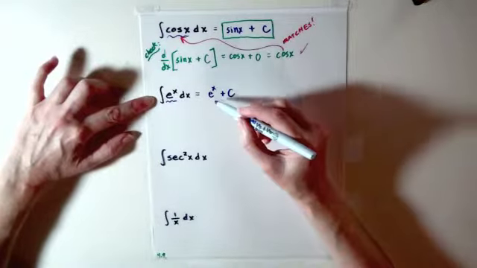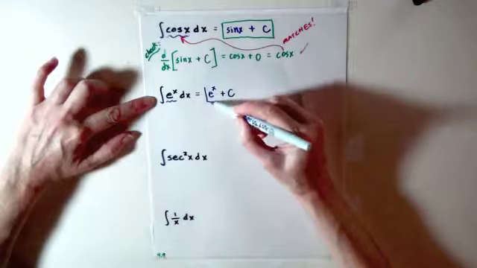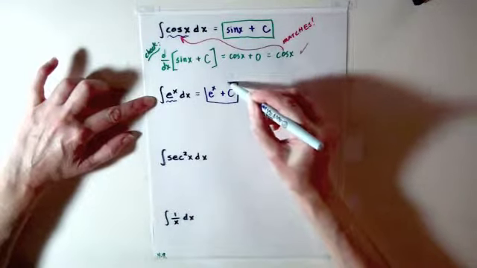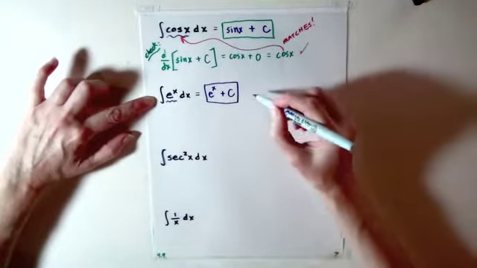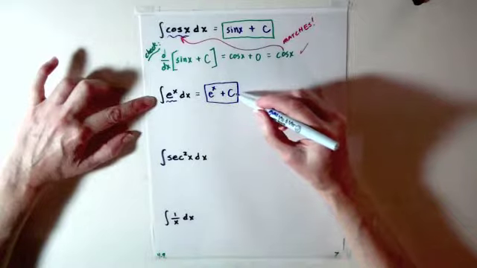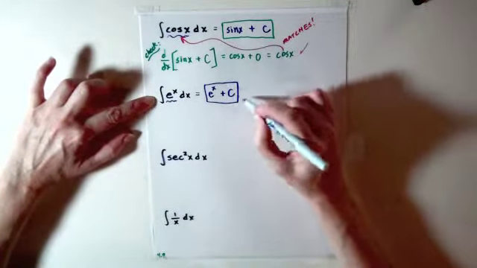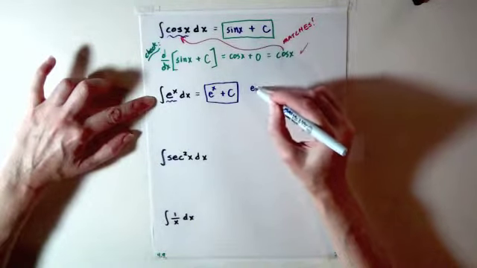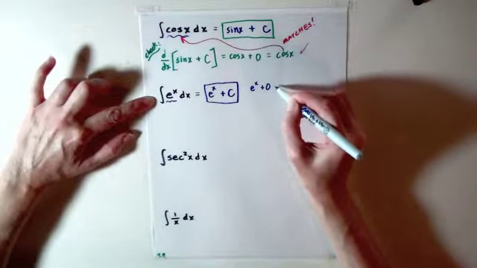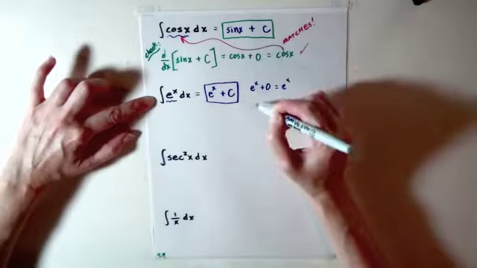And don't forget that we're really writing down here a set of answers. It's actually an infinite set of answers, and that's because our integration constant c can be any real number. So you're really writing down in this one succinct way the function e to the x plus 0, that's just e to the x, that's one of our antiderivatives.